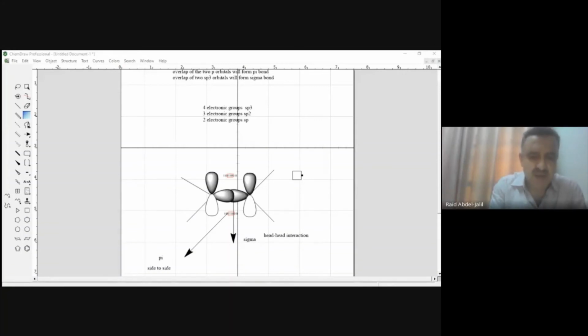While in pi, the overlap is side to side, which means the electron density is above the plane, above and below the plane.